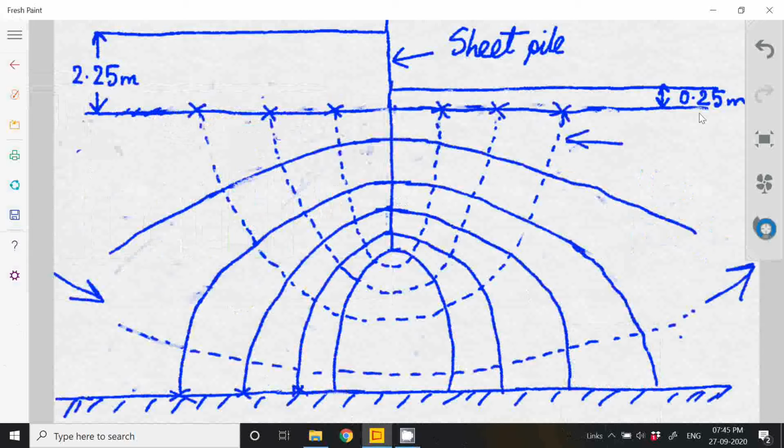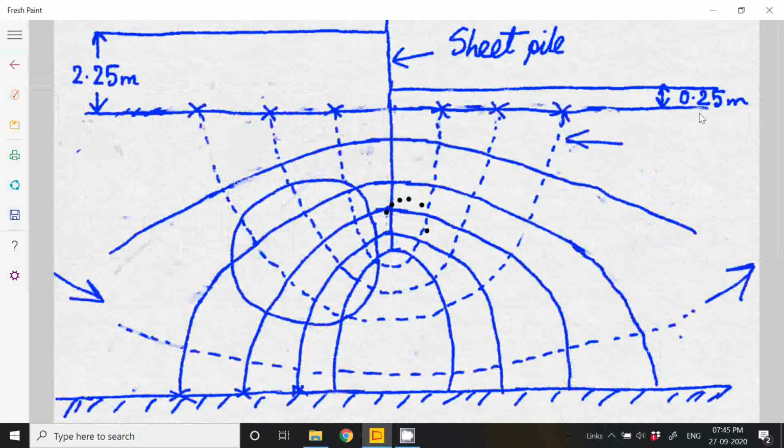For example, let us take this part of the flow net for analysis. If I draw it on another sheet, how will it look?